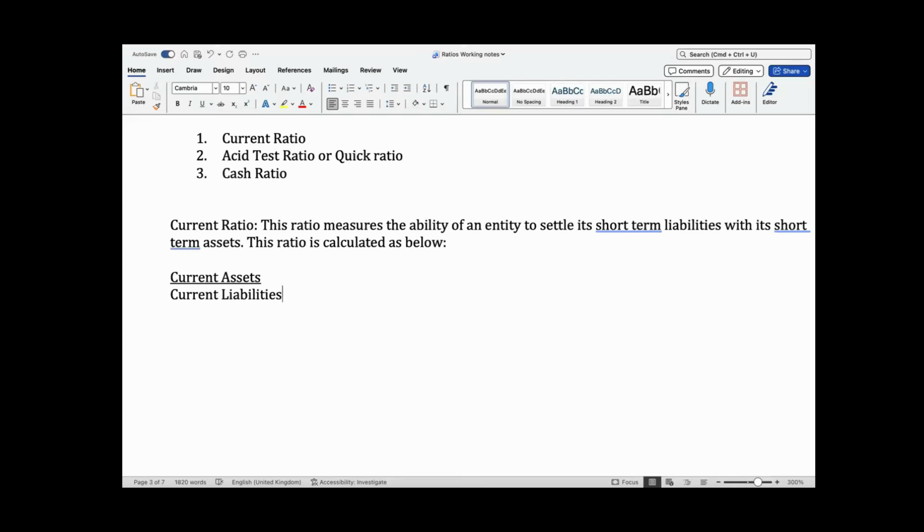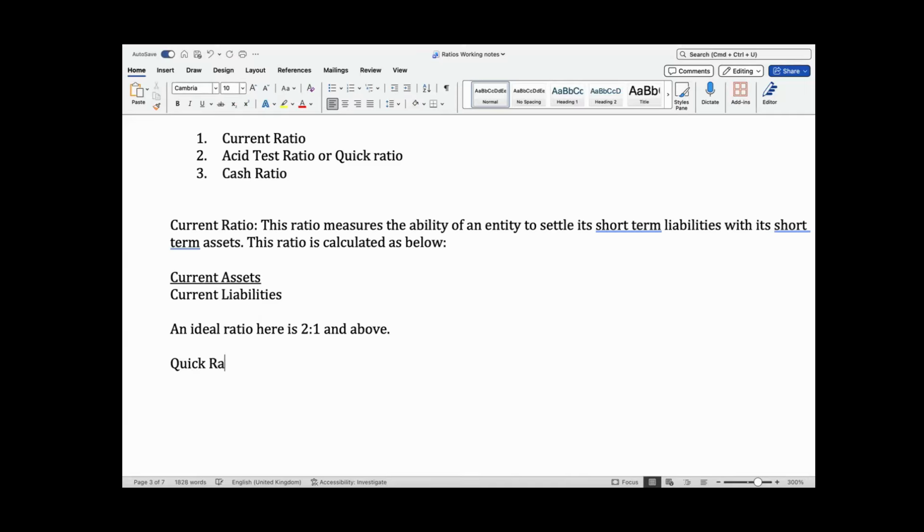So an ideal ratio here is 2:1 and above. That's the ideal ratio. Your current assets should be at least two times this.